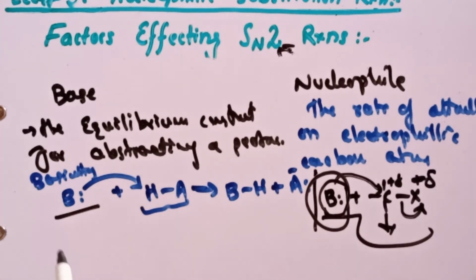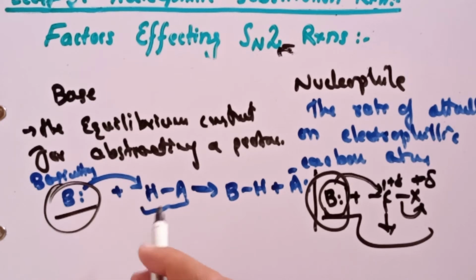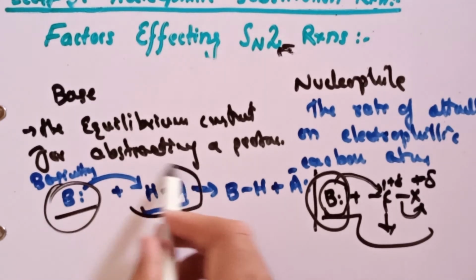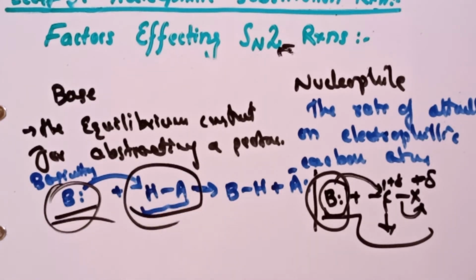While in this case, the species that donate a lone pair abstract a proton from the acid. That's why they act as a base. So base and nucleophile are two different things.